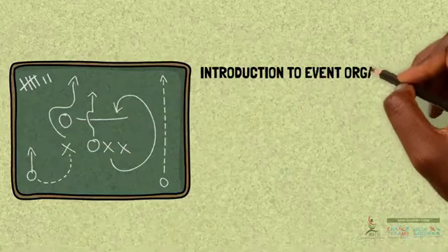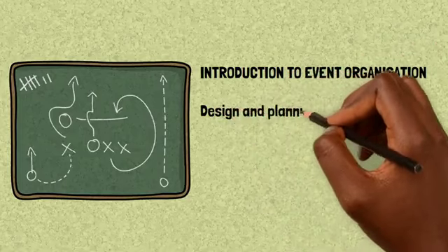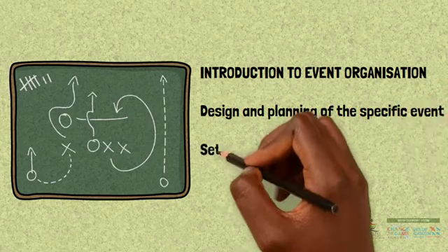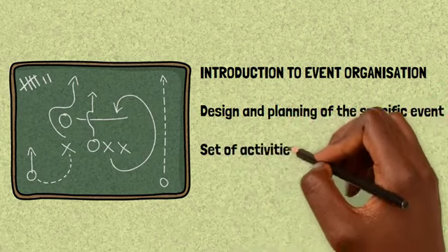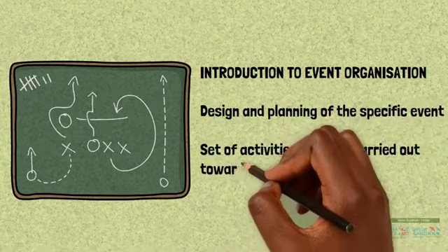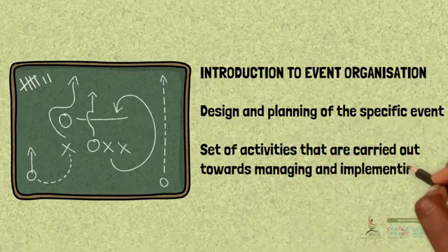What is event organization? It is the design and planning of specific events. It could also be considered as a set of activities that are carried out towards managing and implementing a specific program.